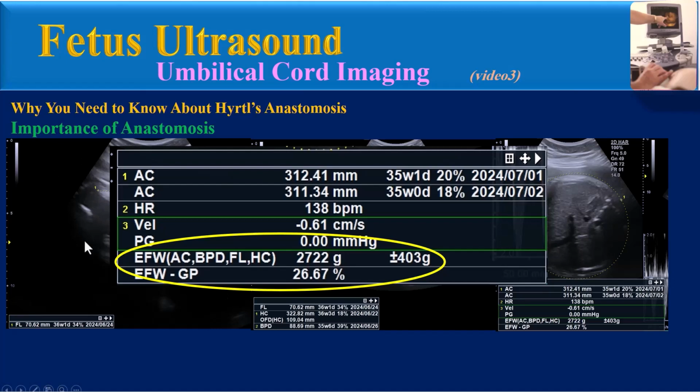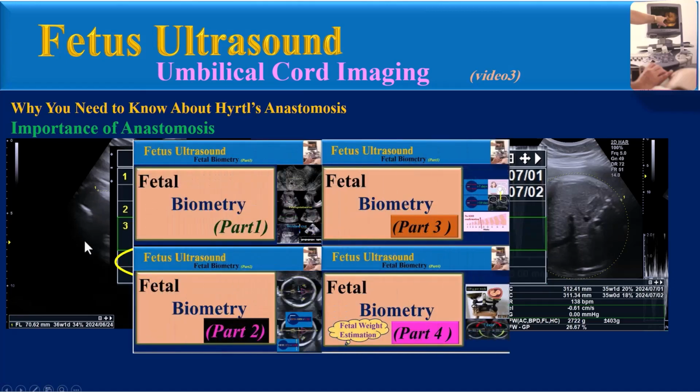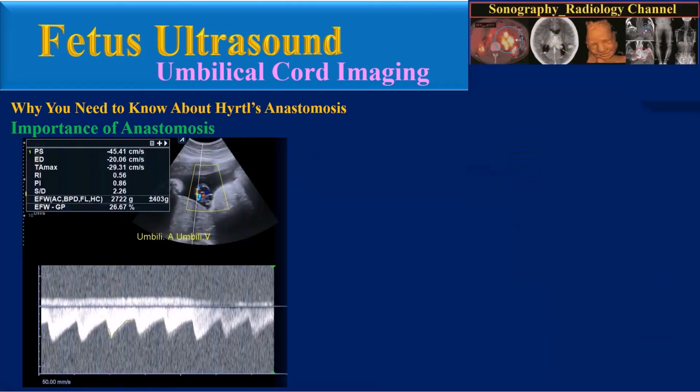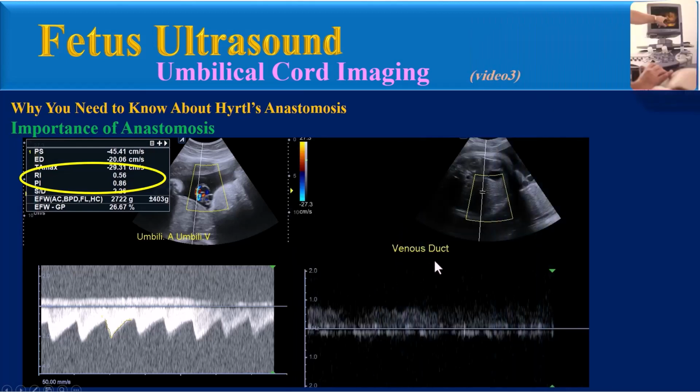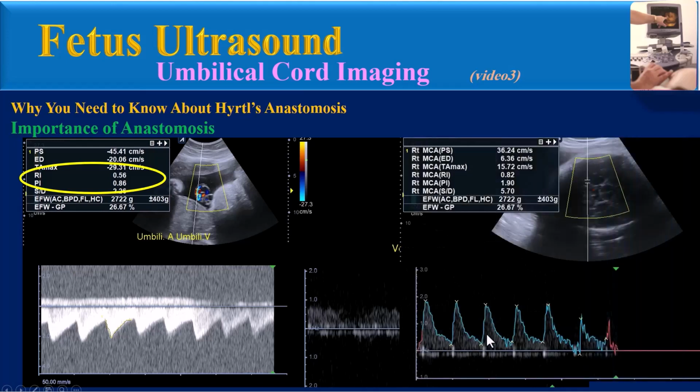You can find full explanation about fetal biometry in these videos. In color Doppler study, we found normal low resistance flow in the umbilical artery, normal flow in the venous duct with positive A wave, and also normal high resistance low diastolic flow in the middle cerebral artery.